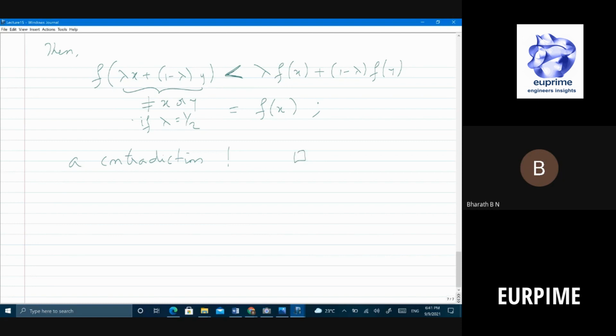Done. Nice proof, right? Simple, straight, obvious. Now we can move on to the algorithm. Now we are clear that if it is strictly convex, it looks like this. Now, how do you come up with some kind of algorithm that takes you to the bottom, right here? Why do you need that? In neural network applications, we saw that we need to minimize the loss.